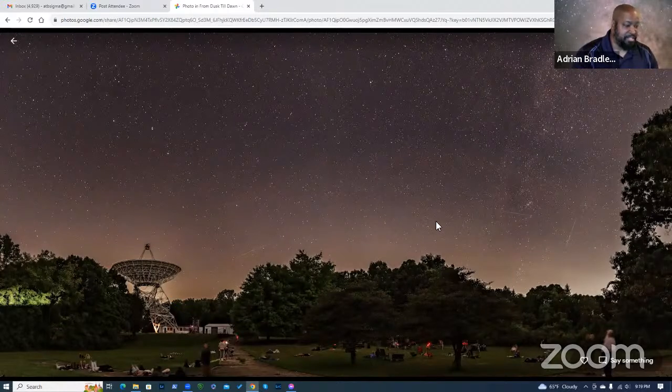It's great to take a picture of it, but you go somewhere that's even darker, it blows your mind. And if you haven't been to a place that's super dark like that, I highly recommend it, even if it's for a day or so, an overnight trip, and go enjoy the night sky.